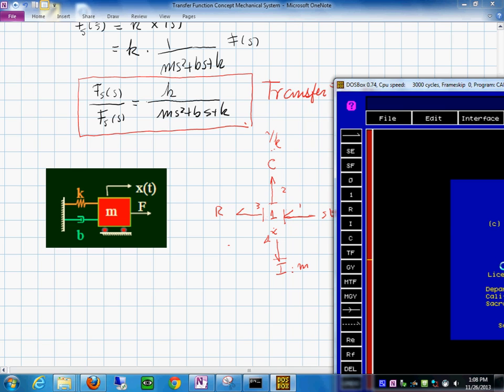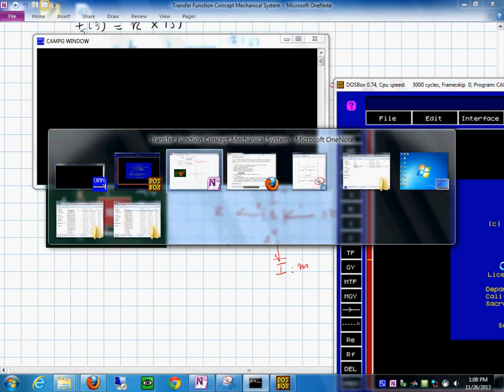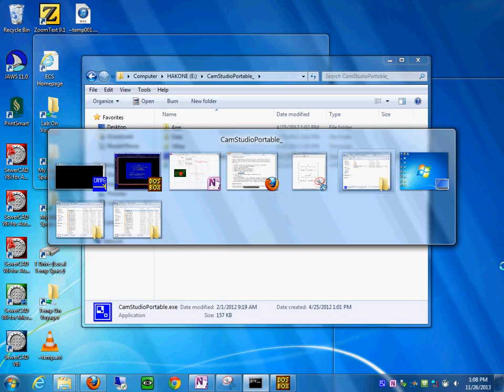Where is the mouse? We still have the program alive.